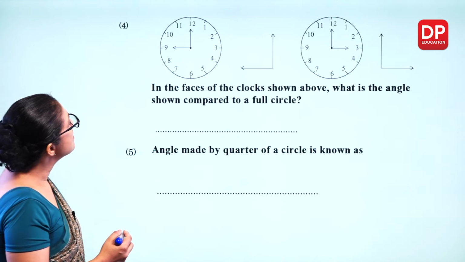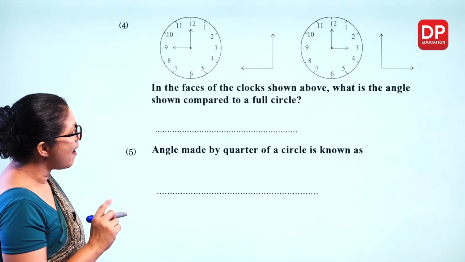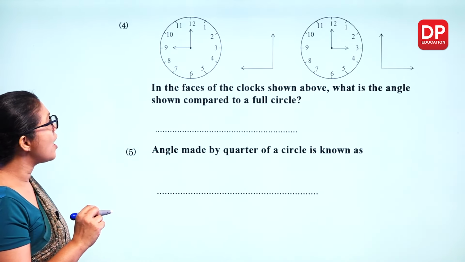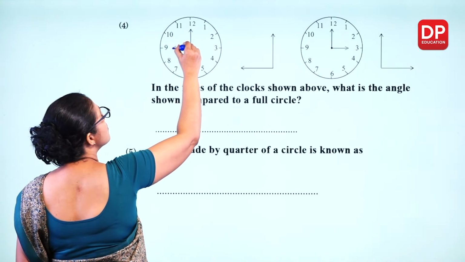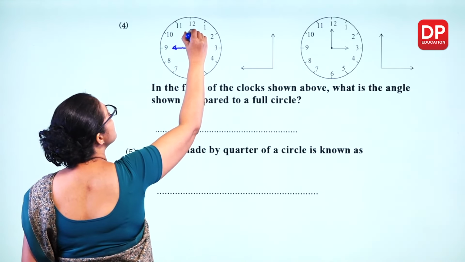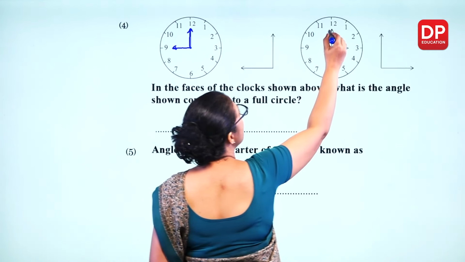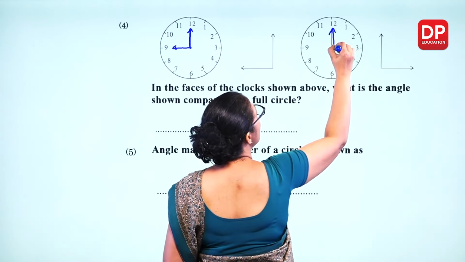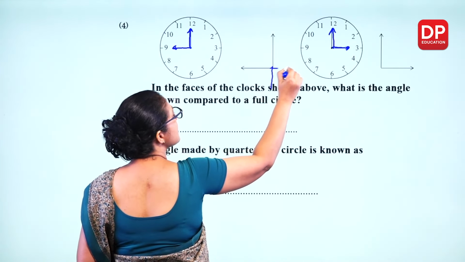Now look at this. In the faces of the clocks shown above, what is the angle shown compared to a full circle? This angle, here to here. If you take a full circle, it is something like this.